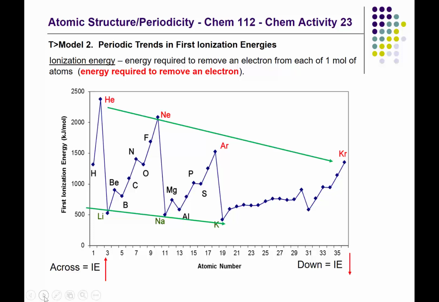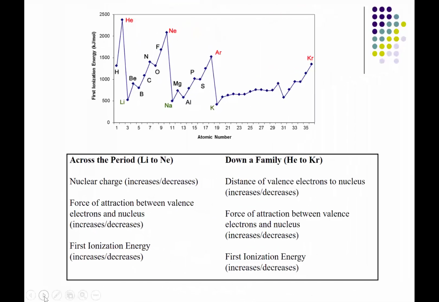I'm scaffolding it in the same way that we scaffolded the explanation for the atomic radius trend. Across the periodic table, the nuclear charge, of course, increases. As I mentioned, this is always your first statement in explaining trends across the periodic table. It sets everything else to flow out in a reasonable explanation.